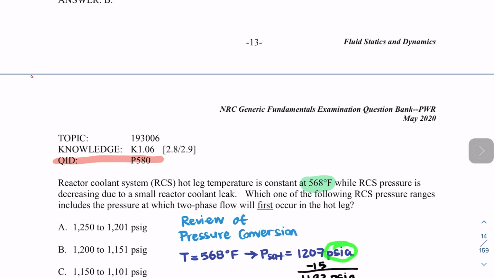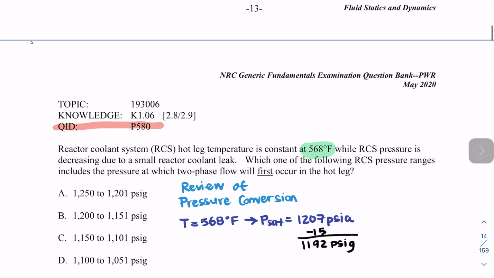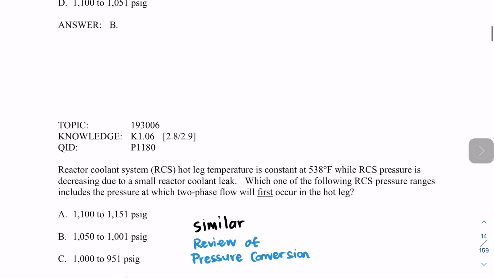I need it in psig, so I remove 15, and that gives me 1192 psig, right? So you just need to make sure that this number is within the range, and that's gonna be in the range of 1200 to 1151 psig. So that's gonna be the right answer.